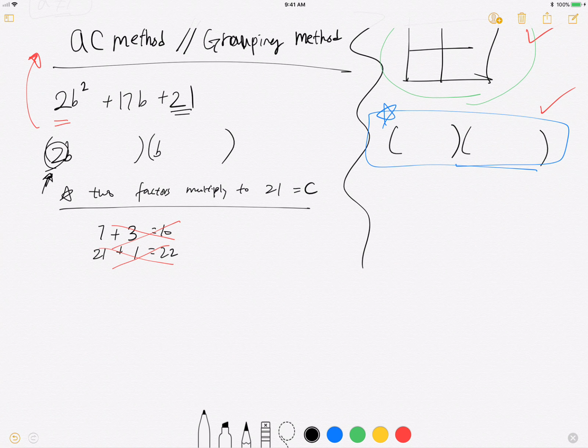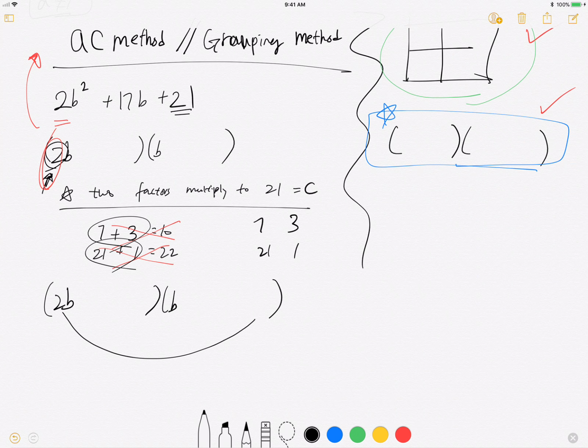So the way to do it is that you also have to take into consideration this 2 that's here. When I'm factoring something like this, I go 2b and b, I open up two parentheses, and I'm still going to be using those two factors regardless. It has to be either 7, 3, or 21 and 1. But here's what I do.